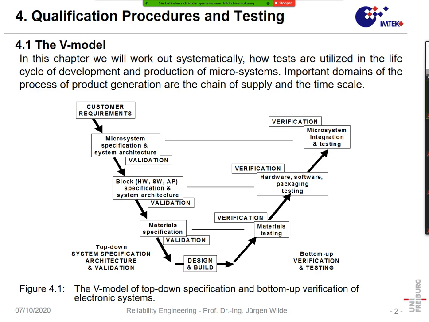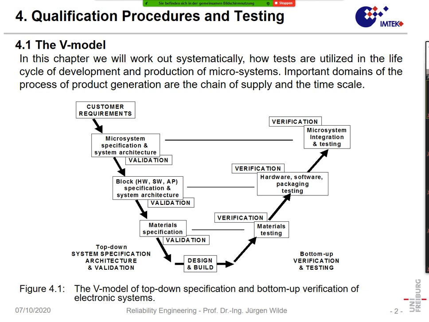And now imagine such a complete system has different parts. For instance, there is one microsystem in it which has, for example, a gas analysis microsystem. Again, that system must be specified, and that specification is derived from the system's specification.